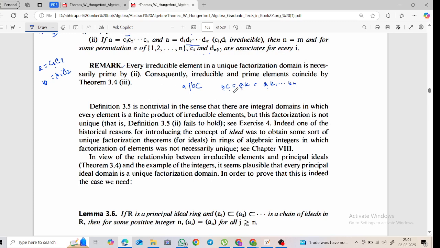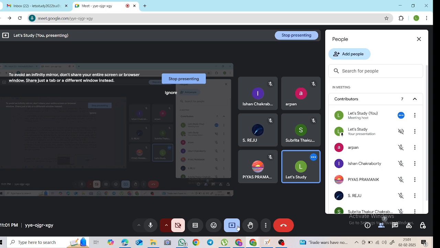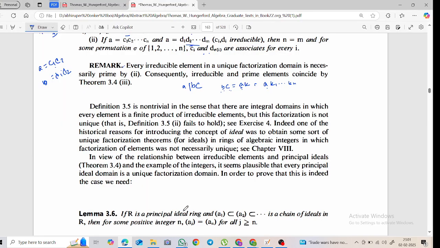Because A is irreducible, A can't divide some factors of B and some factors of C. Suppose B has a factorization B1 to Bm and C has a factorization C1 to Cn, and this side is A K1 to Kr. You see from this that A has to be associated with some of the Ci's or Bj's, so A divides C or B accordingly.